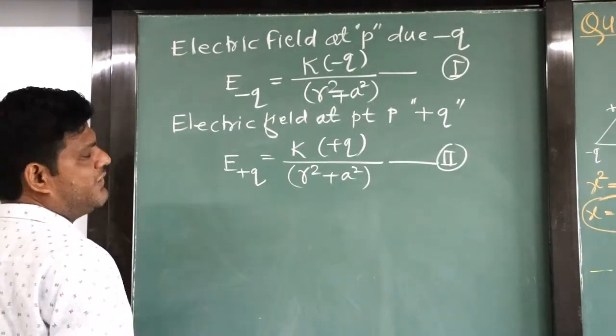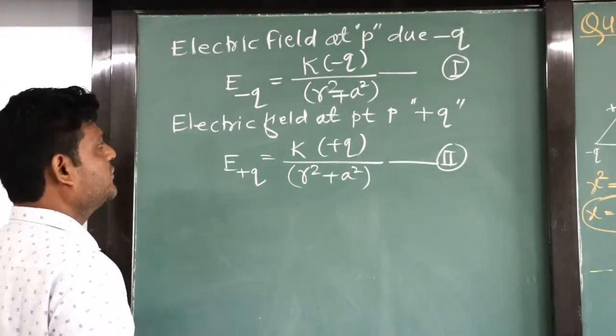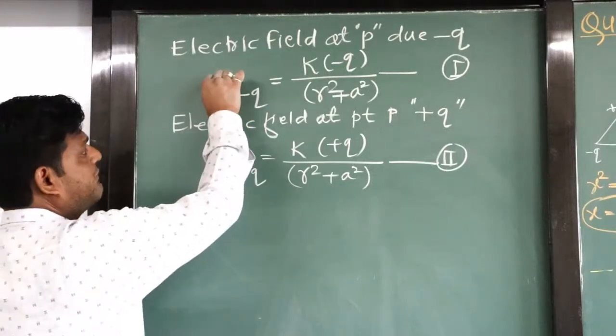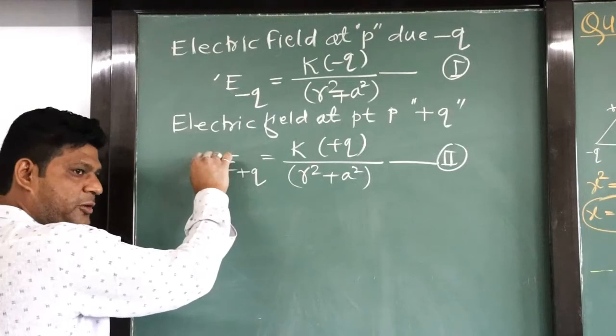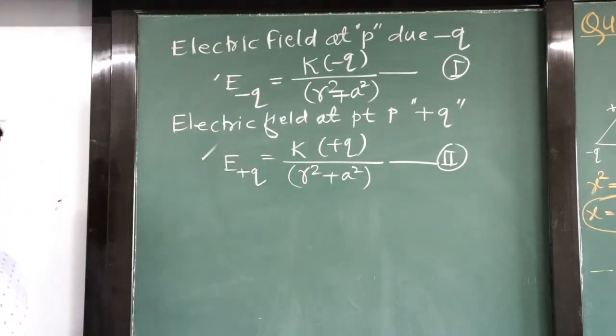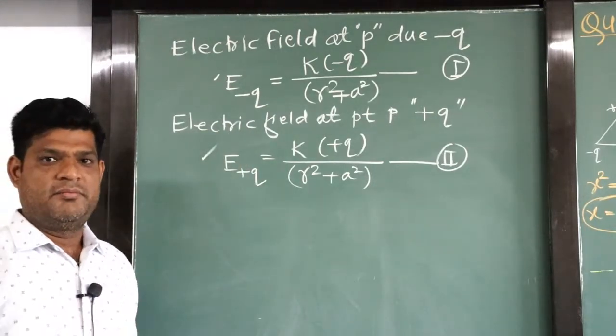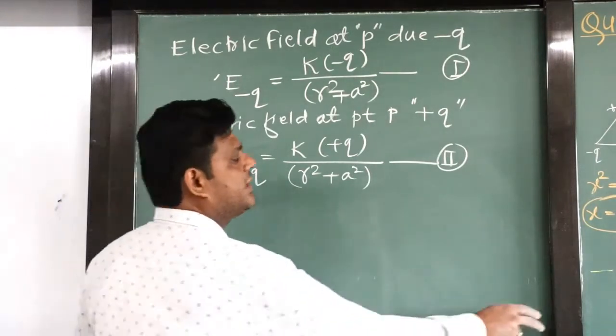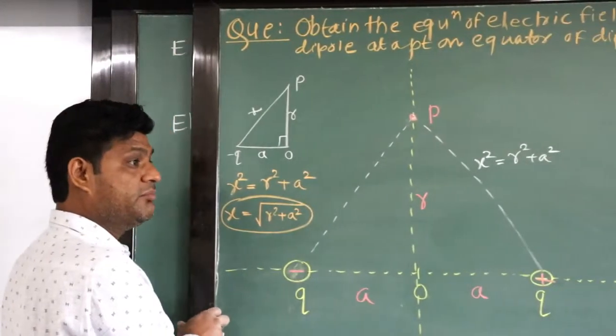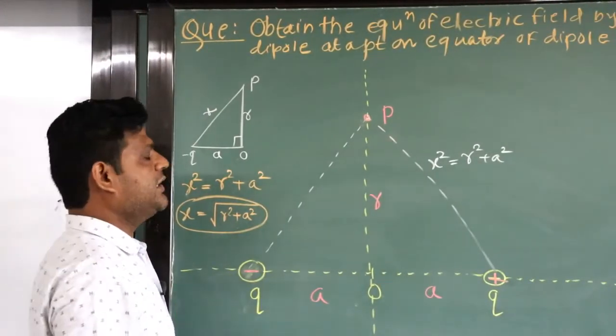From 1 and 2, what can we say? The electric field at point P due to the minus q charge and the electric field at point P due to the plus q charge will be equal in magnitude and opposite in direction. The direction may be different but the magnitude is equal. Why equal in magnitude?